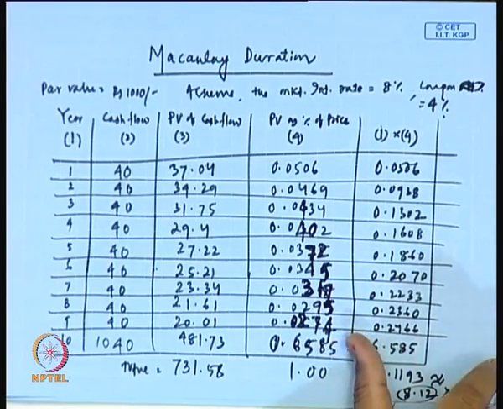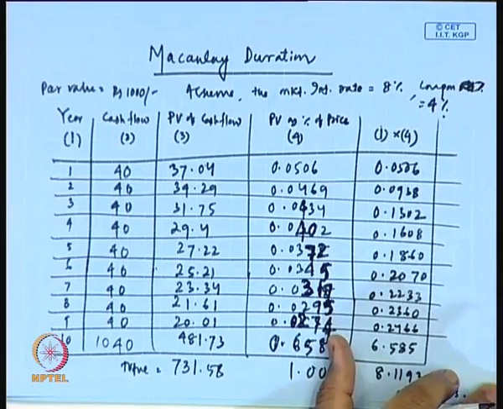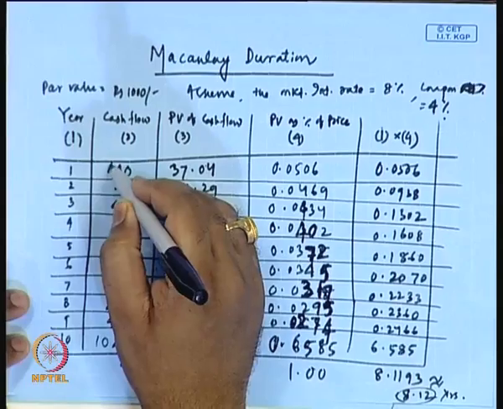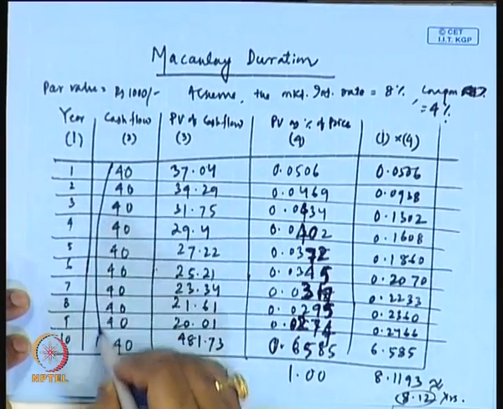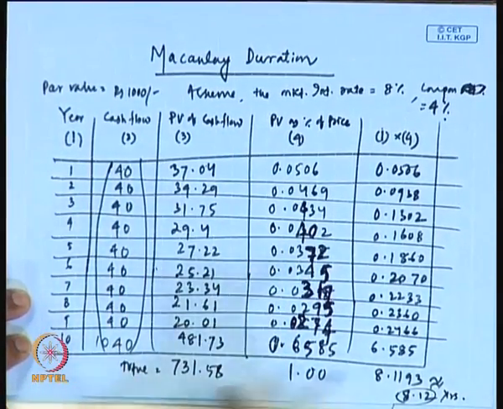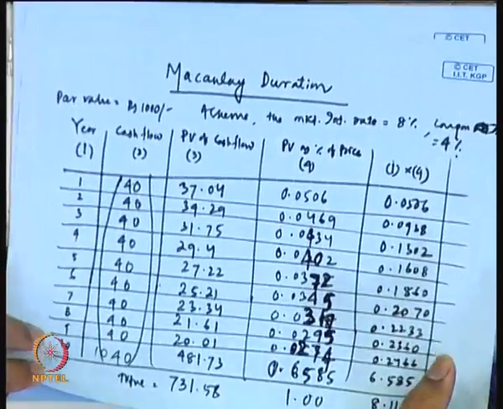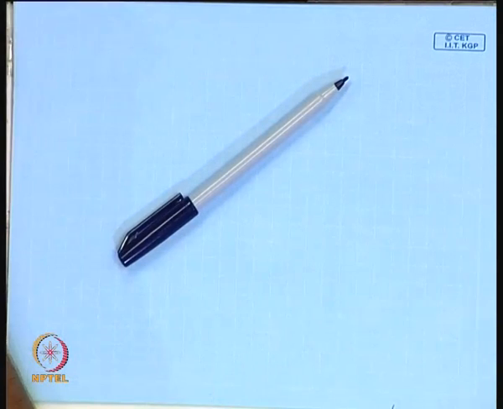So, like that, if you change your coupon, if your coupon is now 8% instead of 4%, then what will happen? Automatically the duration will go down. So, this is the observation of Macaulay.